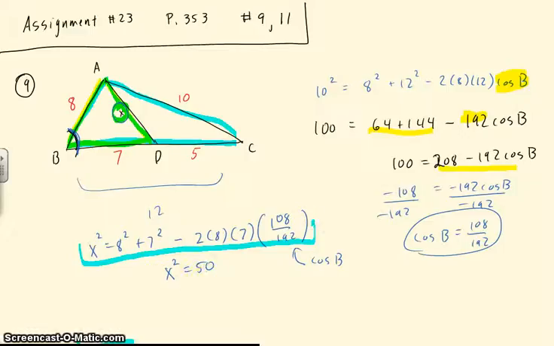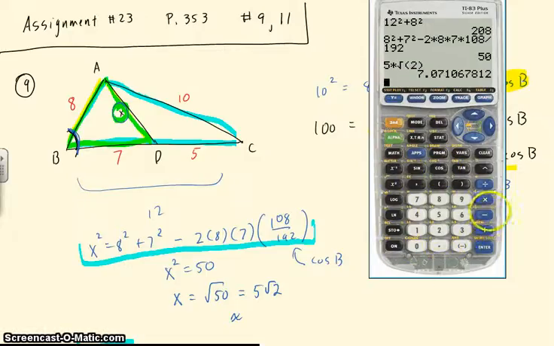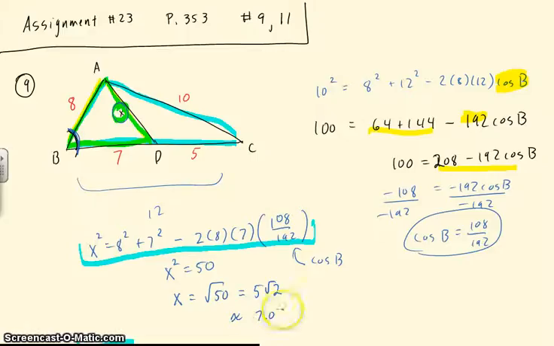You get x squared is equal to 50, which means x is equal to the square root of 50, which is 5 root 2. That's your answer in simplified radical form, and it's about 7.07. So that's the method.